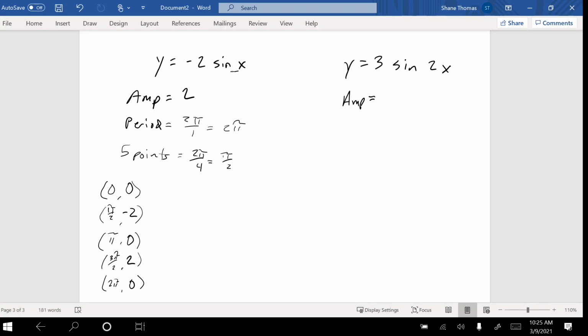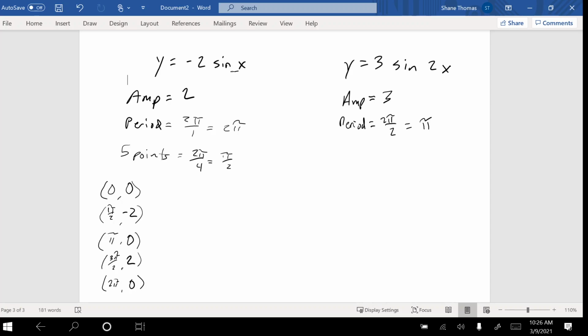All right, amplitude, number in front of the trig function. What is it? 3. Amplitude's 3. Bingo. Period. Okay, period. Take 2 pi divided by the number with your x. What number's with your x here? 2. So what's my period? Pi. Perfect.